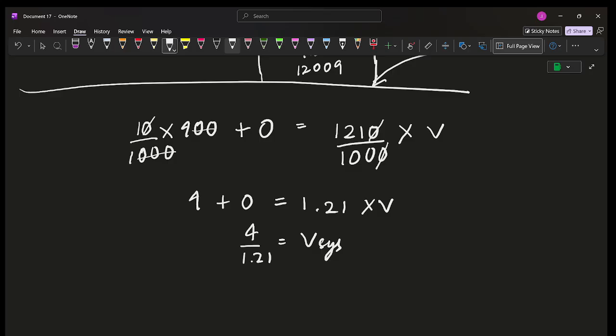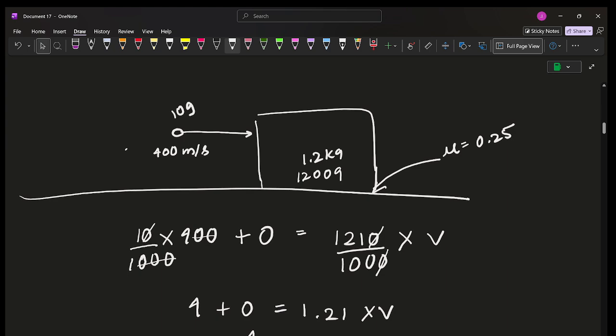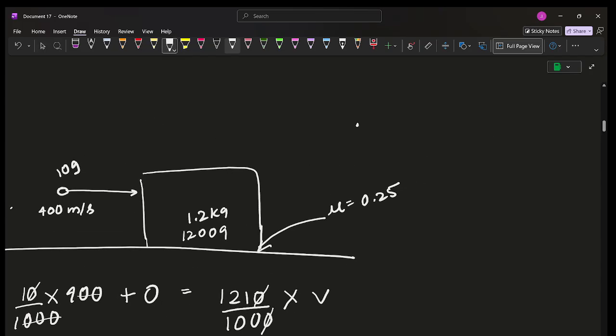Now, how far is it moving is the question, but there's also friction between the surfaces. If we consider an FBD, let's say it's moving in this direction, friction is acting this way and force is acting like this, MA, but I only have it in terms of velocity. What am I going to do? I can easily do the friction part because it's nothing but mu into N. Mu is already given.